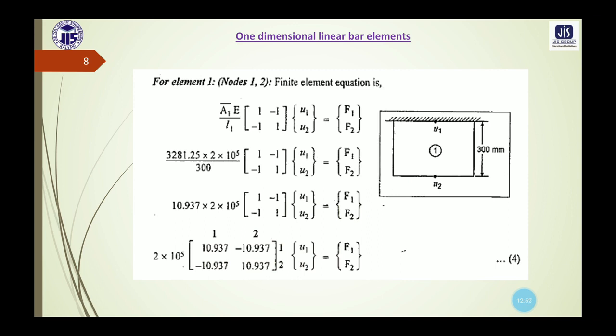If we write the values of A1, the Young's modulus and the length, then after several steps we get equation 4. This is the finite element equation for element 1.